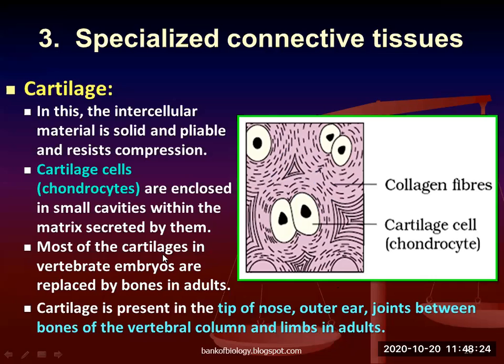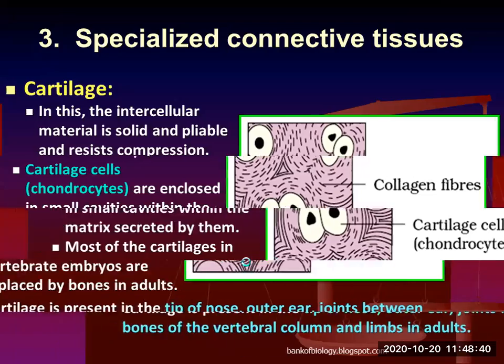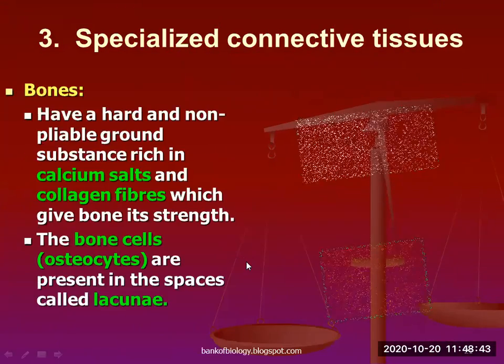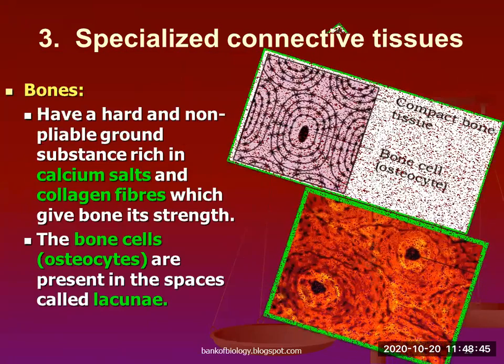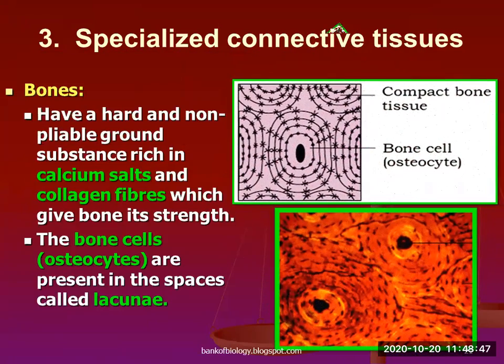Just for information, the tip of nose is hyaline cartilage, the external ear pinna is elastic cartilage, and the joints between the bones of the vertebral column and limbs in adults are fibrous cartilage. No need to remember that; just remember it as cartilage. That's all.